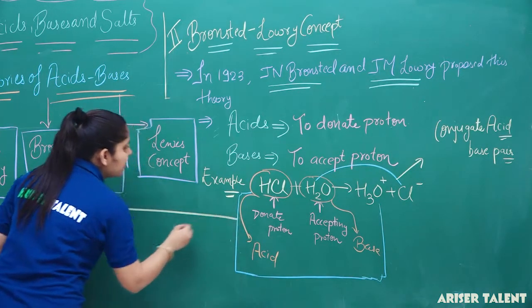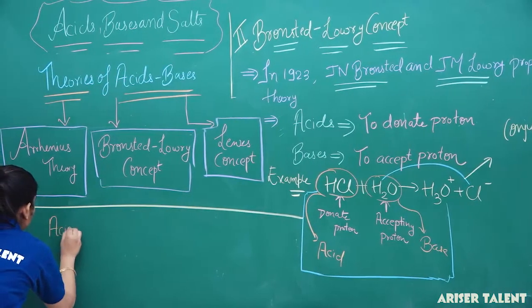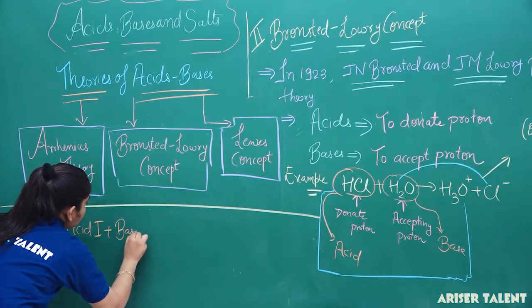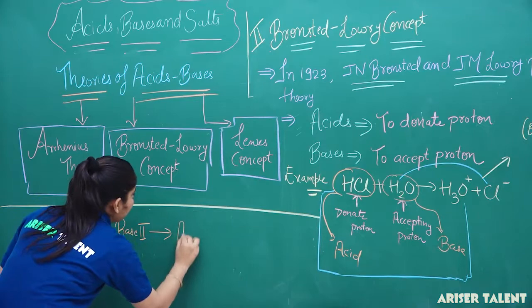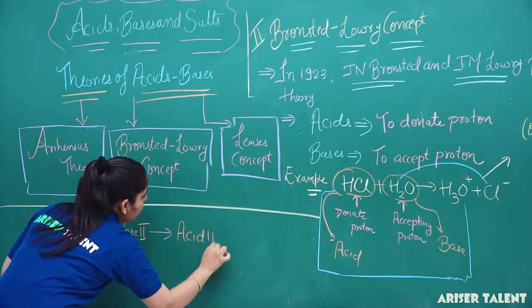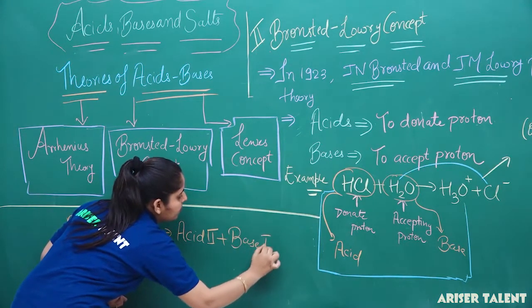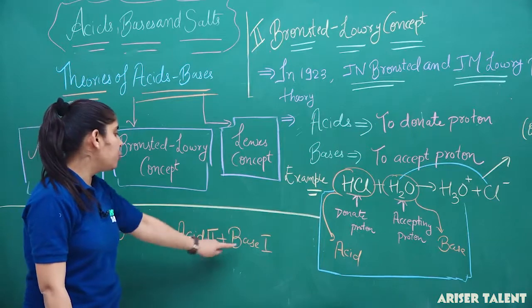And we can write the general equation for the representation of the conjugate acid base pair. Suppose we have acid 1, this is going to react with base 2. What will we get on the product side? We will get acid 2 and what will we get here? Base 1. So acid 1 plus base 2 gives acid 2 plus base 1.